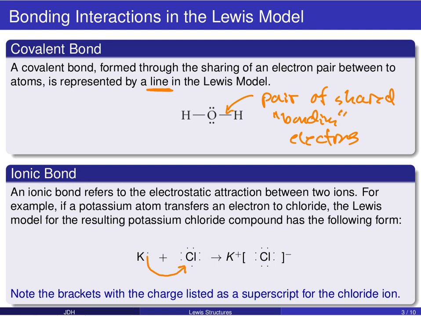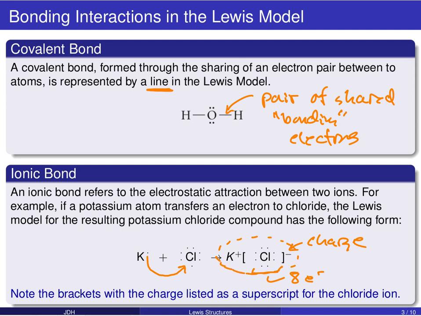In this case, a potassium metal is transferring its only valence electron to a chlorine atom. The resulting configuration within the Lewis model now shows a total of 8 electrons around that chlorine atom, and we enclose that in brackets and put a superscript to denote the charge. So this is a Lewis model of an ionic compound.